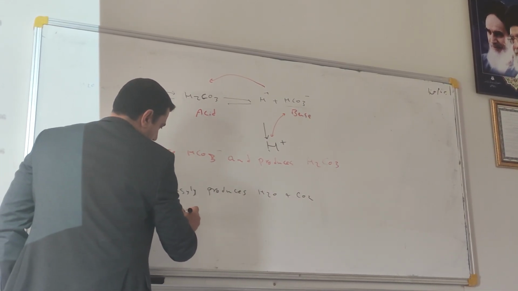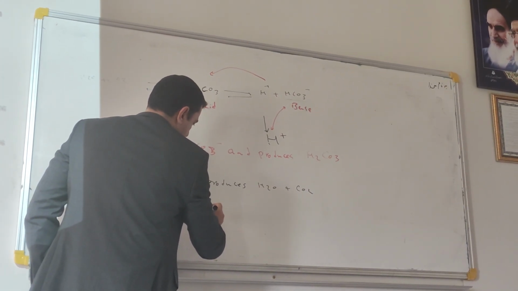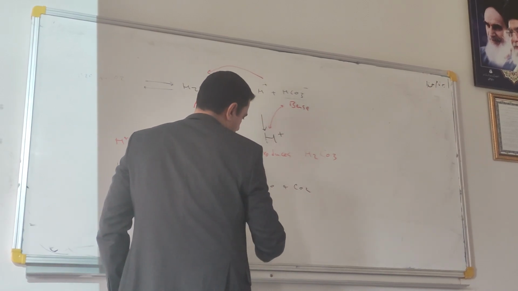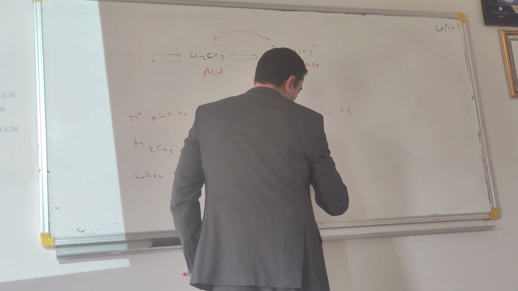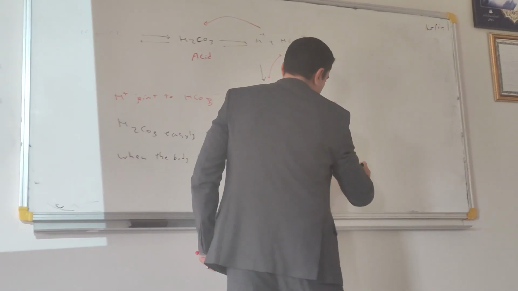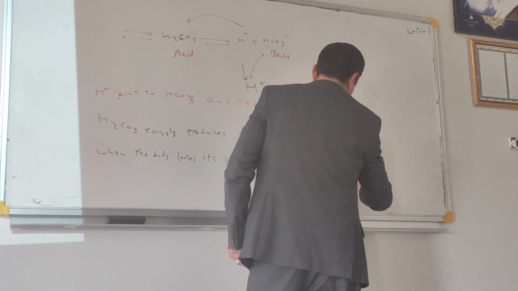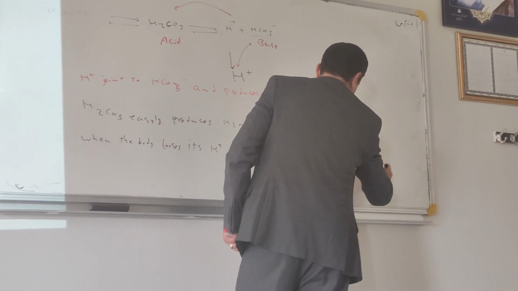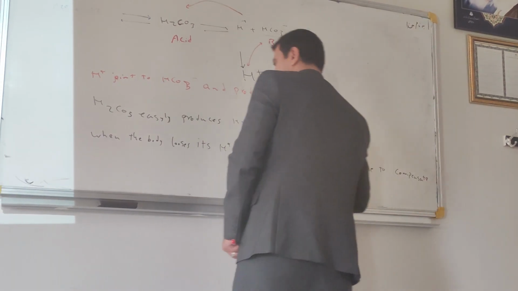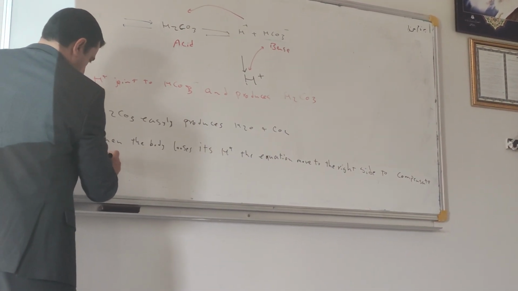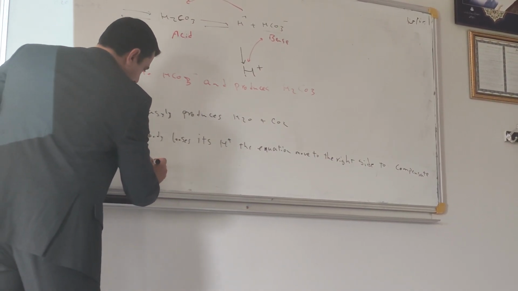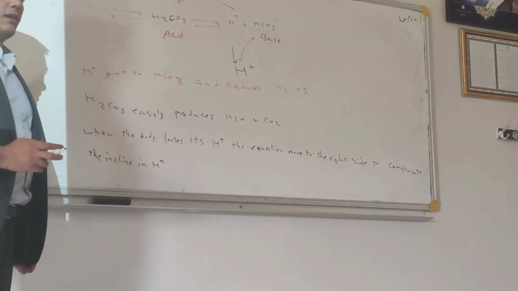So when the body or blood loses its H plus, the equation moves to the right side to compensate the decline in H plus.